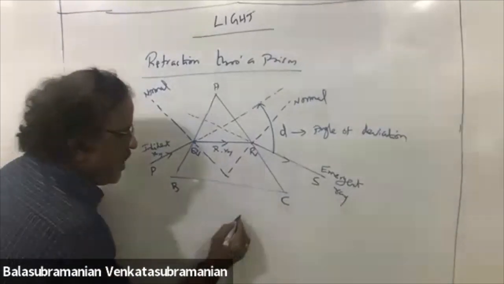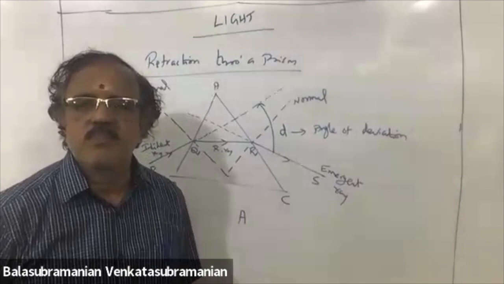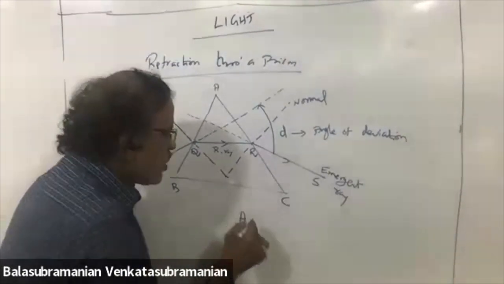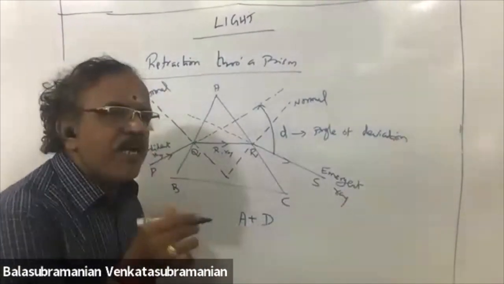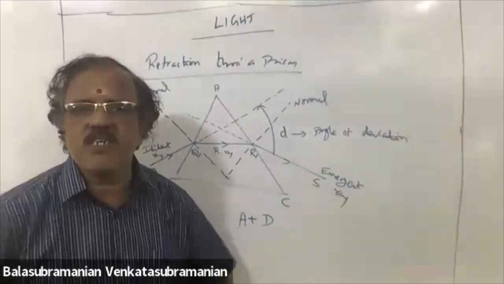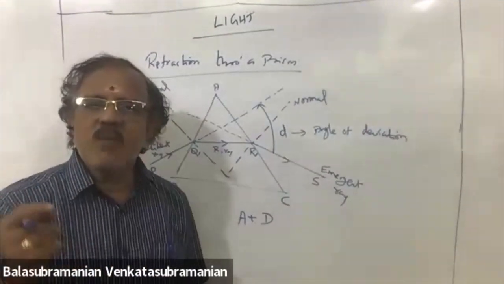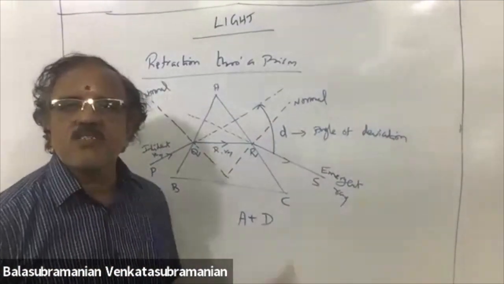If you say A is the angle of the prism, there is one concept known as minimum deviation. Generally, small d is called deviation. What is the lowest value of the deviation? What is the minimum value of the deviation? That is called capital D.